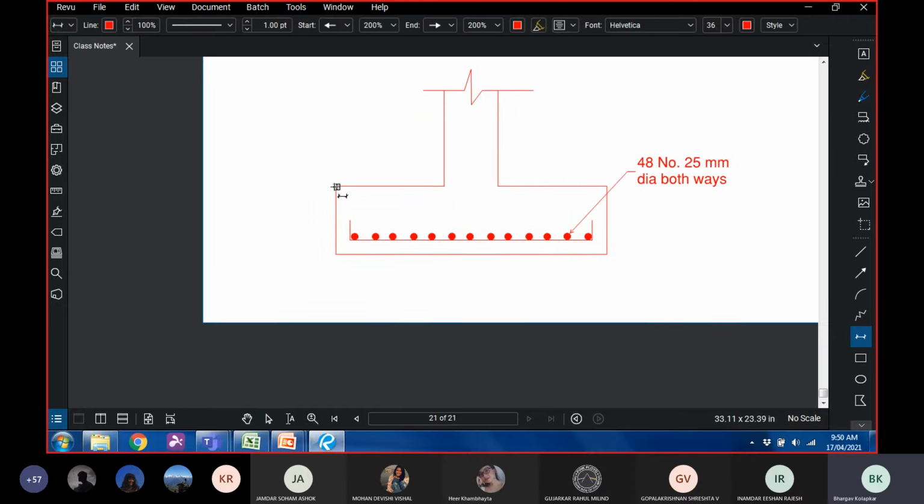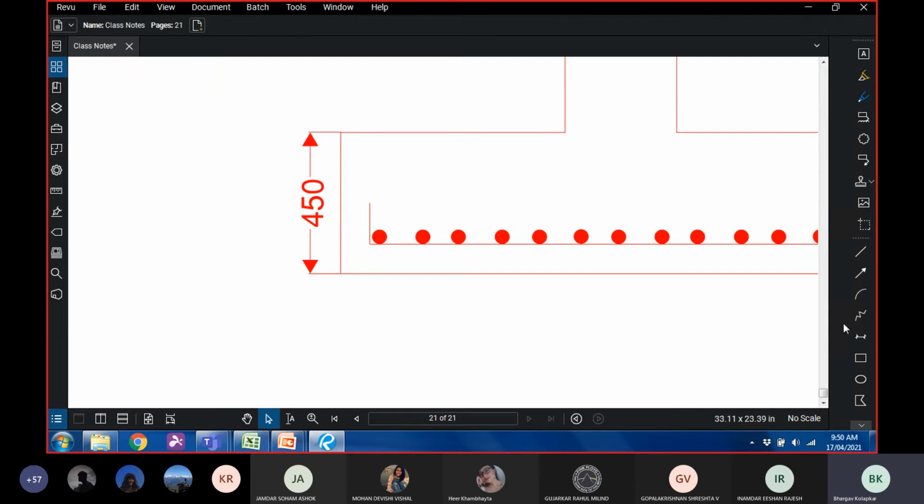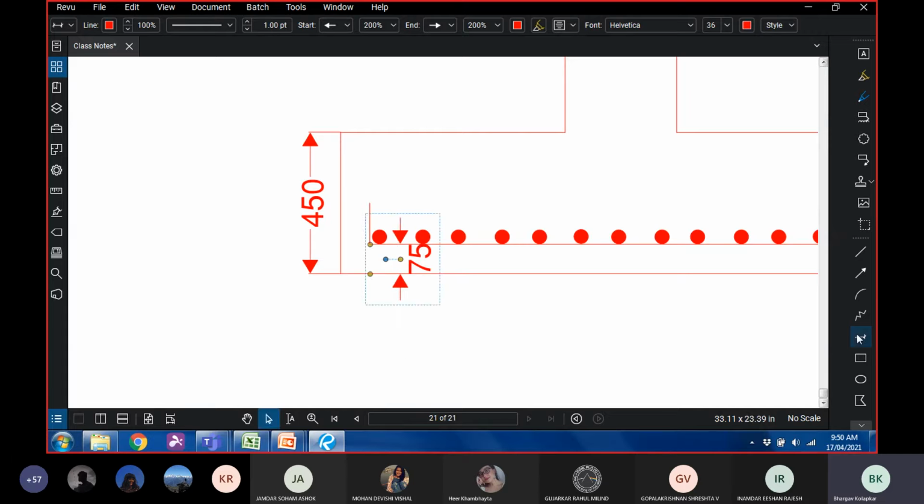Then, of course, the most important thing is the total depth of the footing, which is 450. And then perhaps not very important, but still it's worthwhile to have it in the section that we are providing a clear cover of 75 mm everywhere.